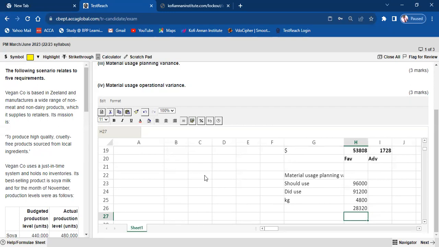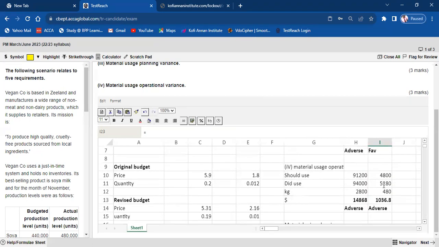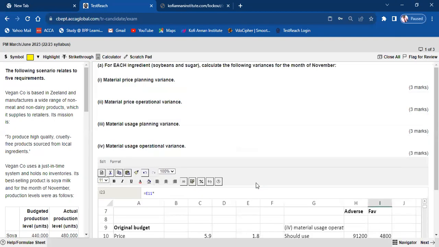Repeat the same thing for sugar. We should have used 0.012 kg to produce each of the 480,000.